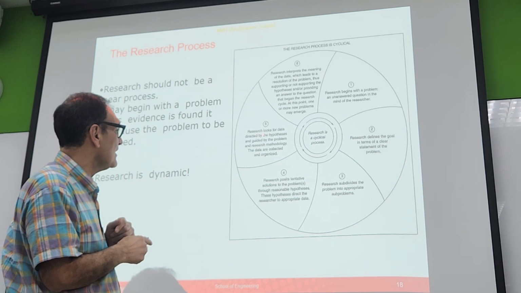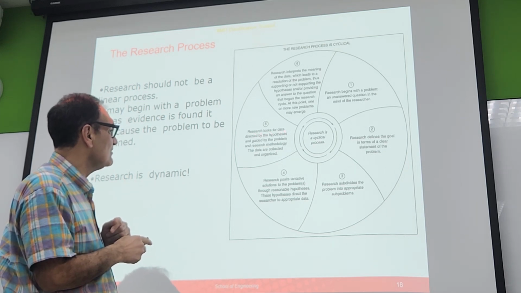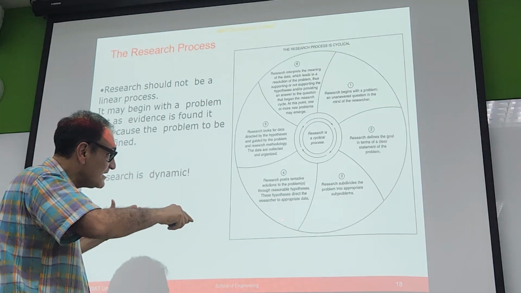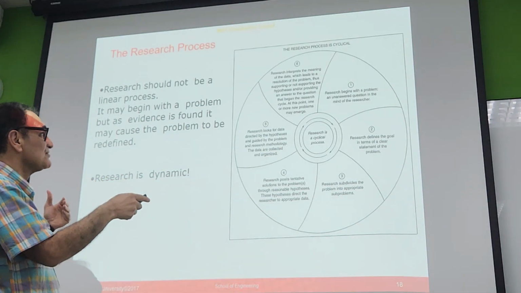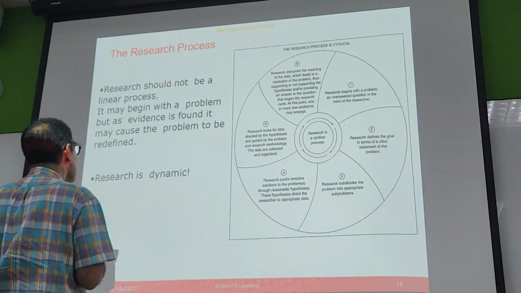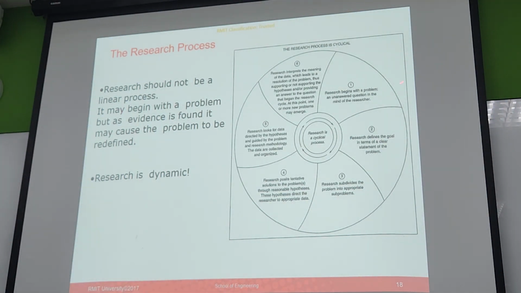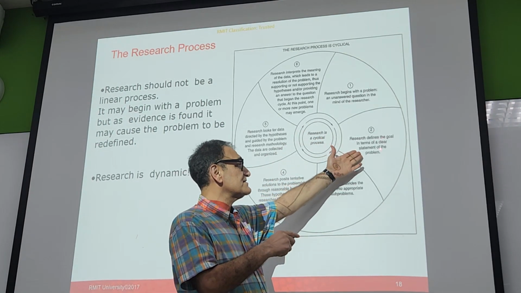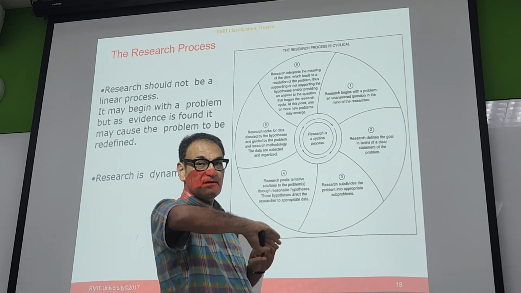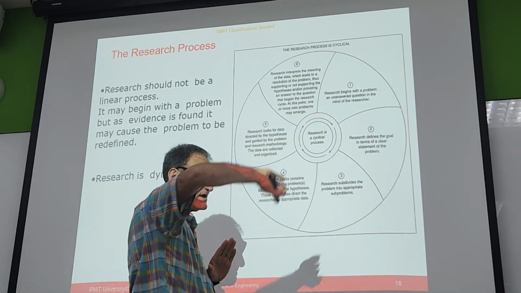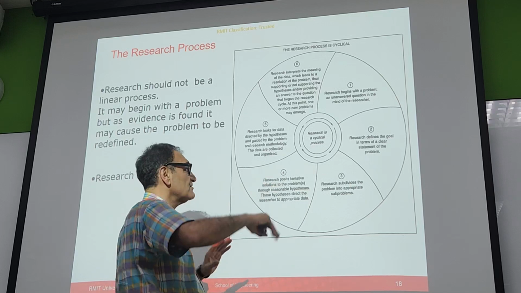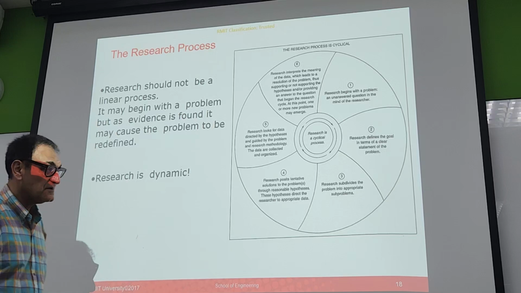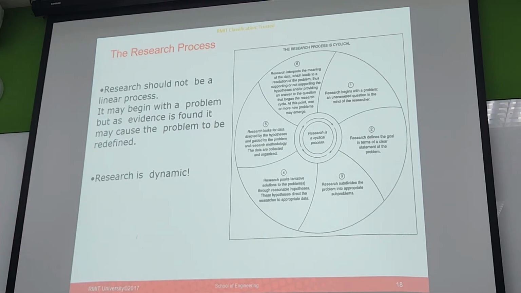And number 5, research looks at the data and interprets it, and again we call it the research process. As you can see, research should not be a linear process. Sometimes you work a lot here, sometimes here, sometimes here. It's not just linear, maybe it is exponential. It takes time to understand the problem, and solving it you can do very quickly.